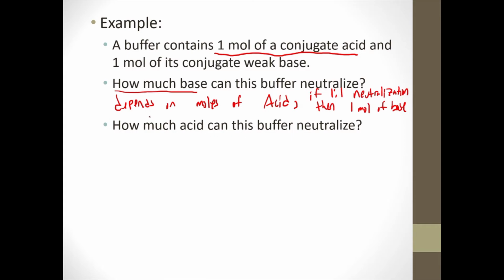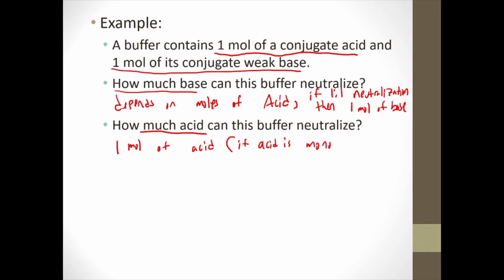And then similarly, how much acid can this buffer neutralize? Well, if we have 1 mole of conjugate base, then it can absorb 1 mole of acid, provided the acid is monoprotic. If the acid was diprotic, then it could only absorb half that much. But for the most part, we tend to deal with monoprotic acids and bases.